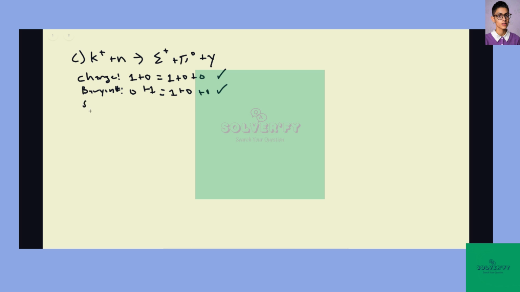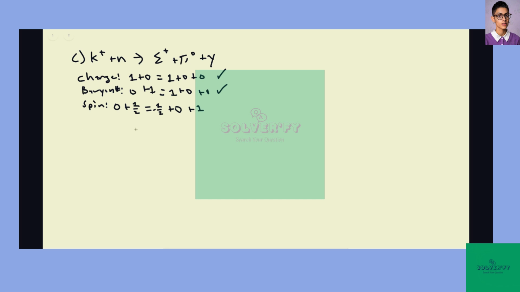Let's look at spin. For spin, we have 0 for the kaon plus 1/2 for the neutron is equal to 1/2 for the sigma, plus 0 for the pion, plus 1 for the photon, because photons have a spin.